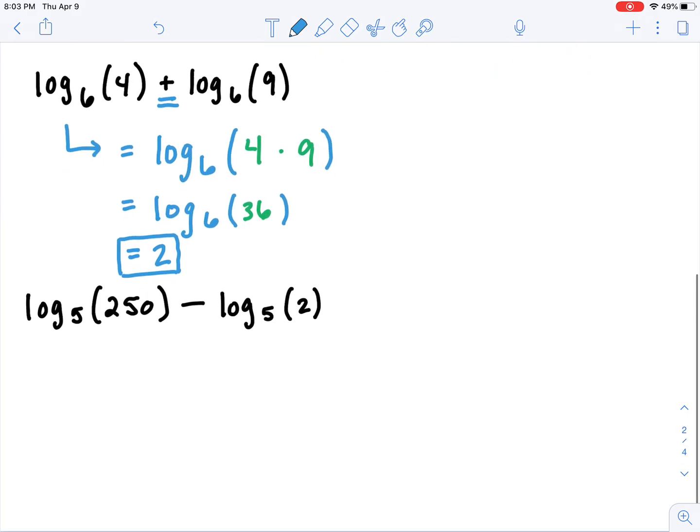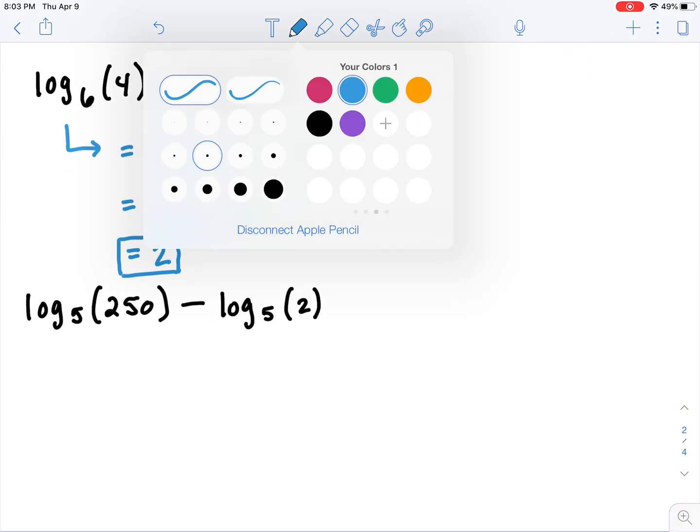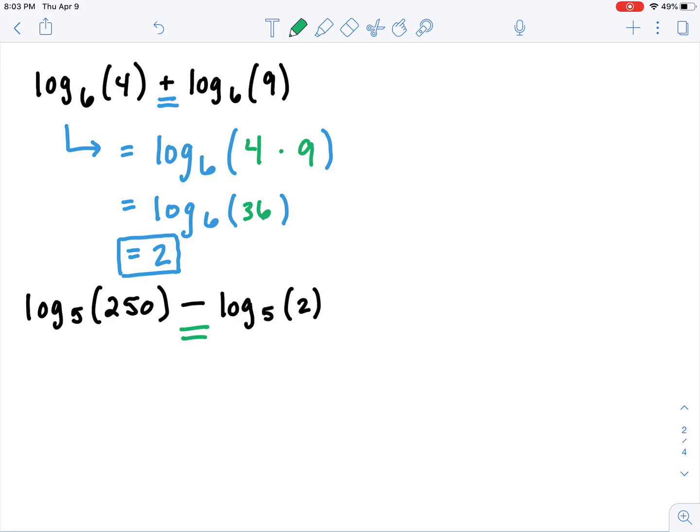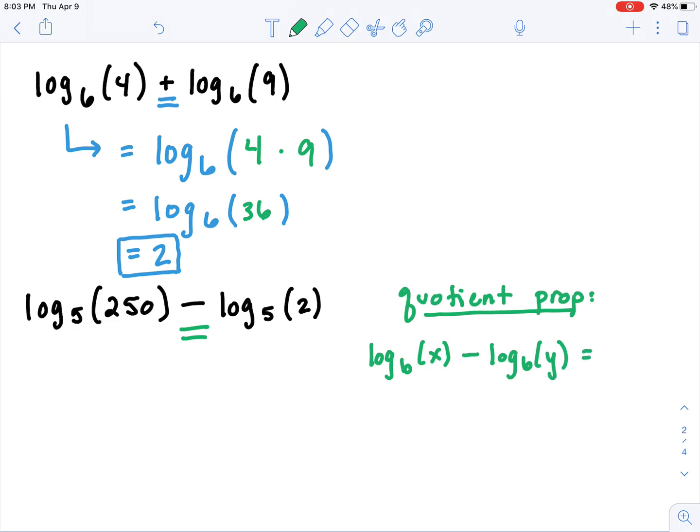All right, last one here that we're going to do together. Now I have subtraction outside my logarithms. So in this case, I want to use the quotient property. Okay, quotient property says if I have log base b of x, subtract log base b of y, that's equal to log base b of, this time, division, x divided by y.